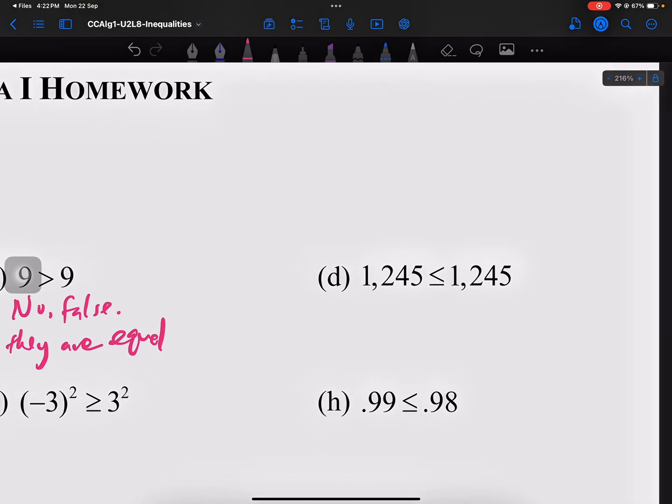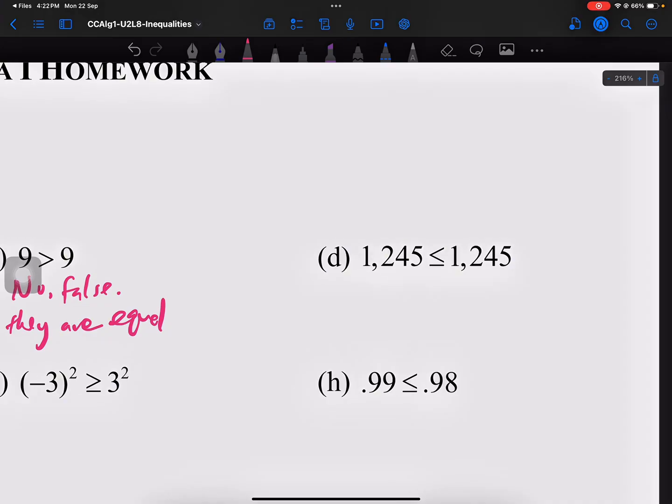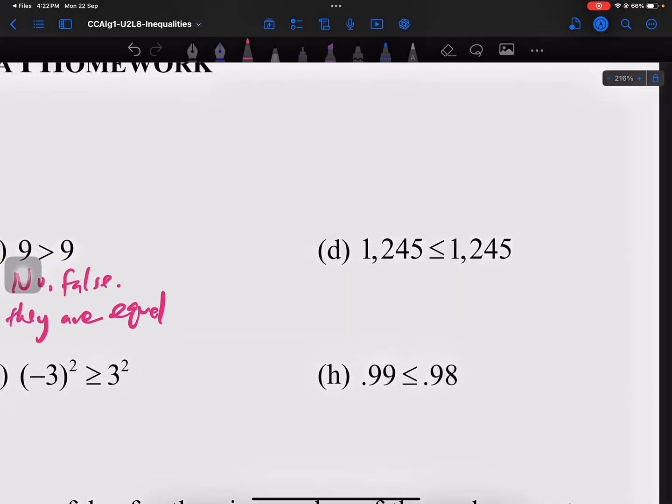D. Is 1, 2, 4, 5 less than or equal to 1, 2, 4, 5? Yes, because it's equal. True. Okay, next.